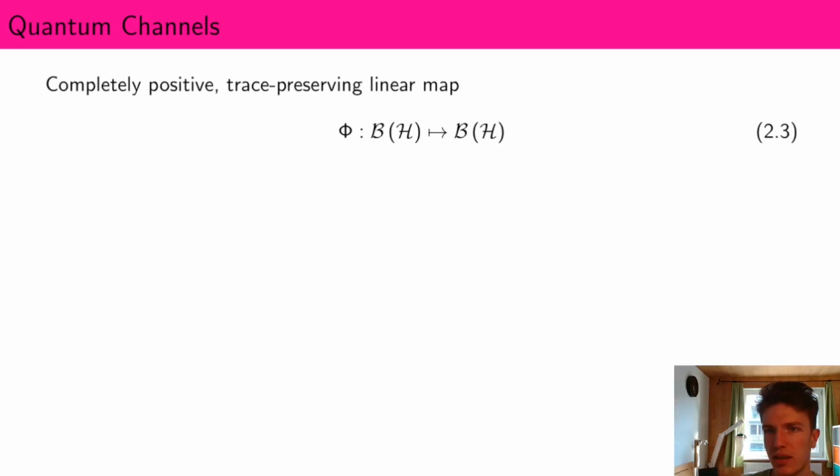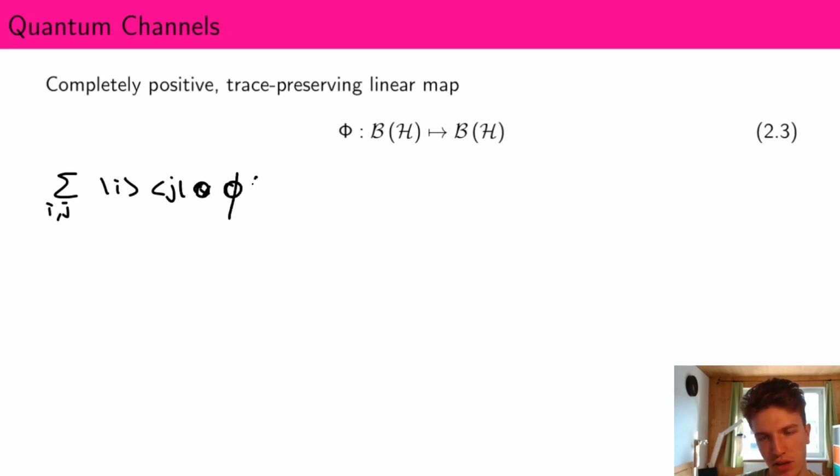One way to represent those quantum channels is the so-called Choi matrix, which is defined as the sum over i and j of |i><j| tensor the channel of |i><j|.